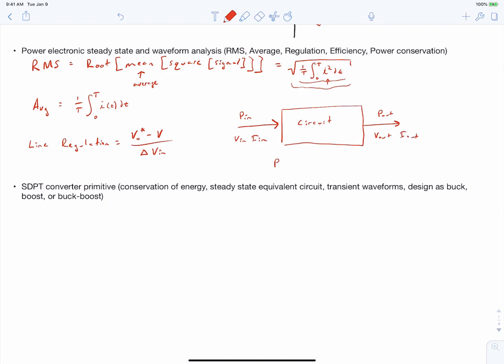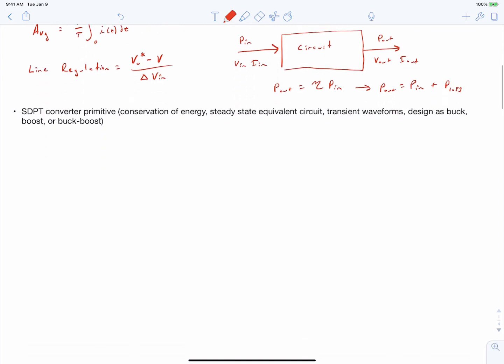And we can say that the output power has to be equal to efficiency times our input power, or equivalently we can write that input power is equal to output power plus our losses.